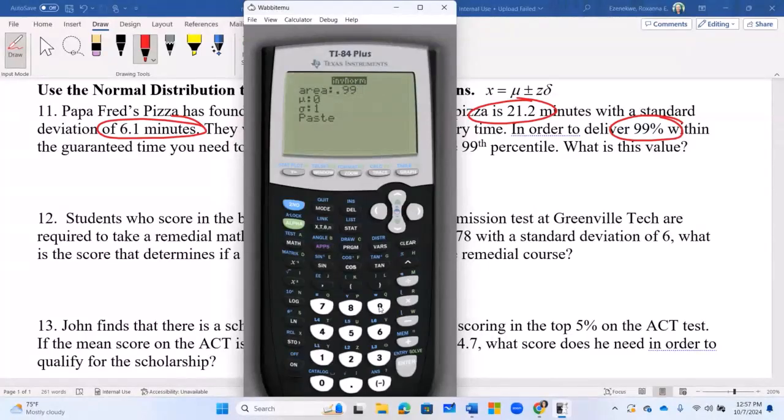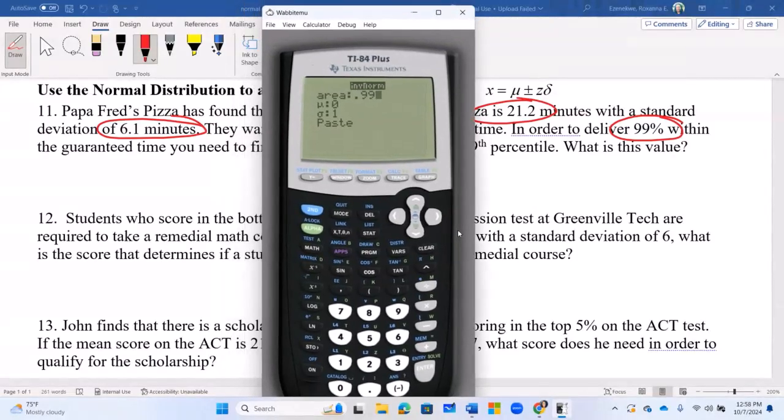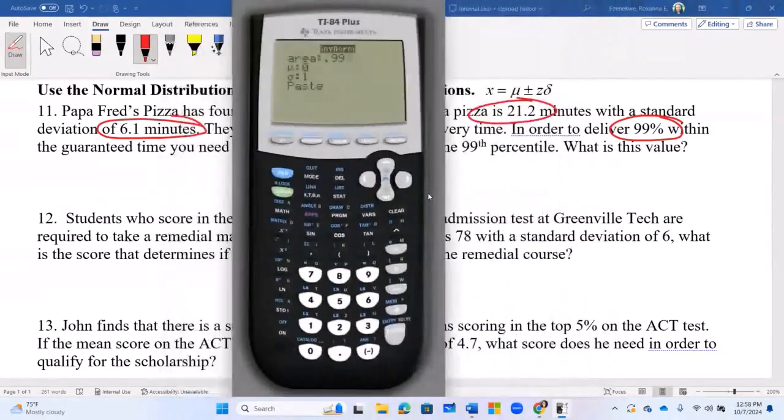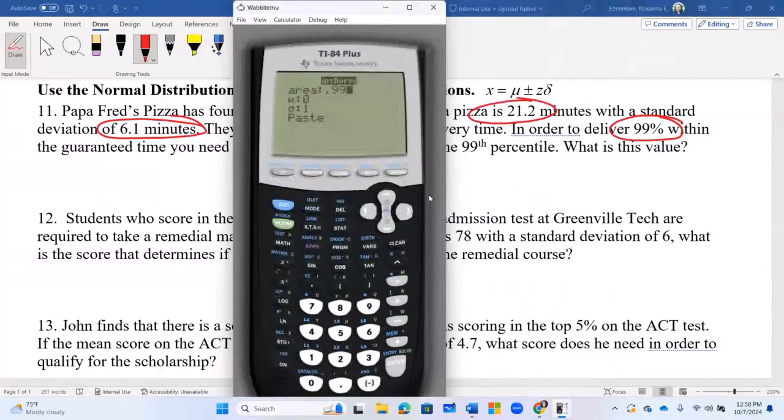So that area is 0.99 in order to deliver 99 percentile. So let's see. In order to deliver 99% within the guaranteed time, you need to find the time represented by 99 percentile. So they told us it's percentile already.